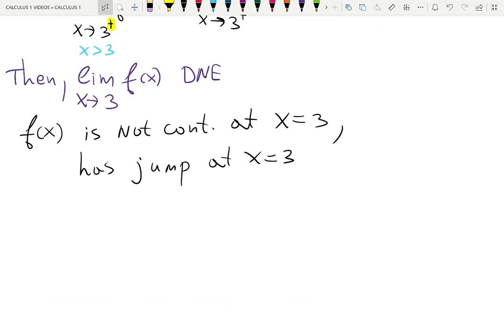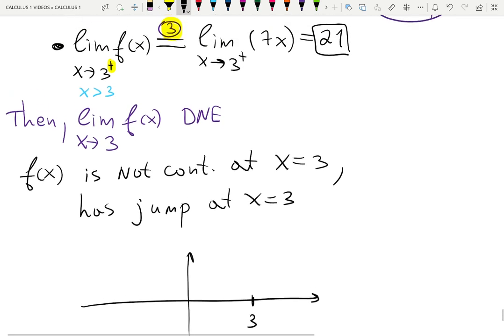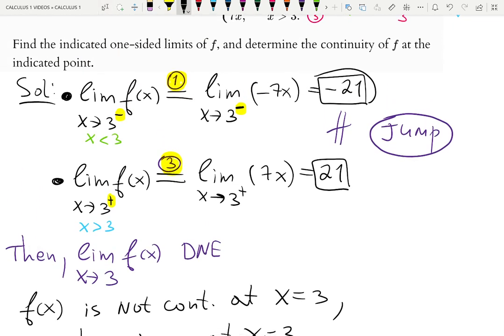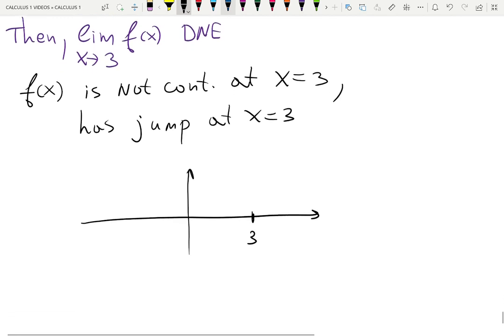Let me show you a sketch. So, at 3, function on the left of 3 goes down to negative 21. It's literally the height. It's going down to negative 21.